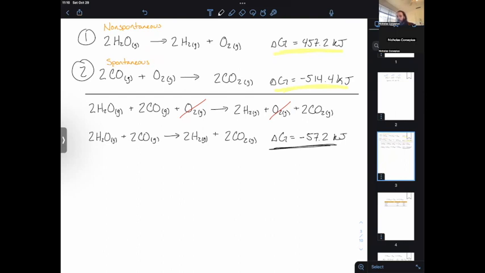Okay, so it doesn't matter how many chemical reactions you couple together, the difference in free energy will be the same as if you did that in just one shot. So that's how we can simply add those up in order to get our delta G of our overall reaction, because delta G, along with our other thermodynamic variables, are state functions.